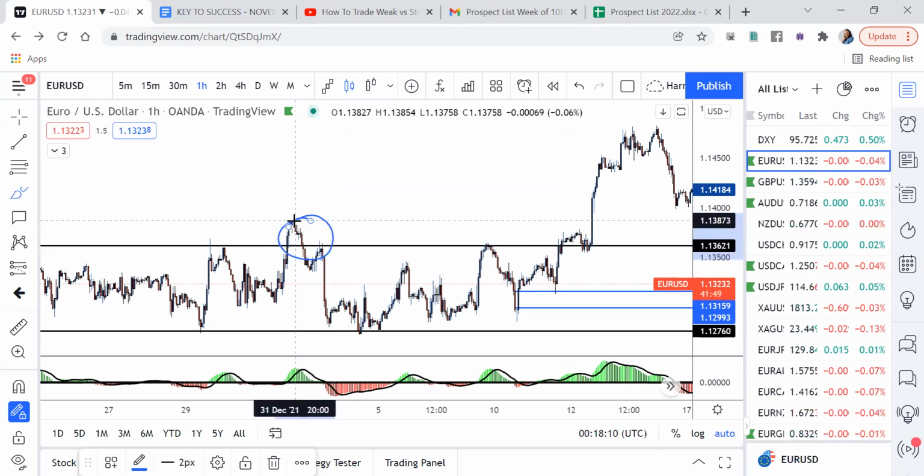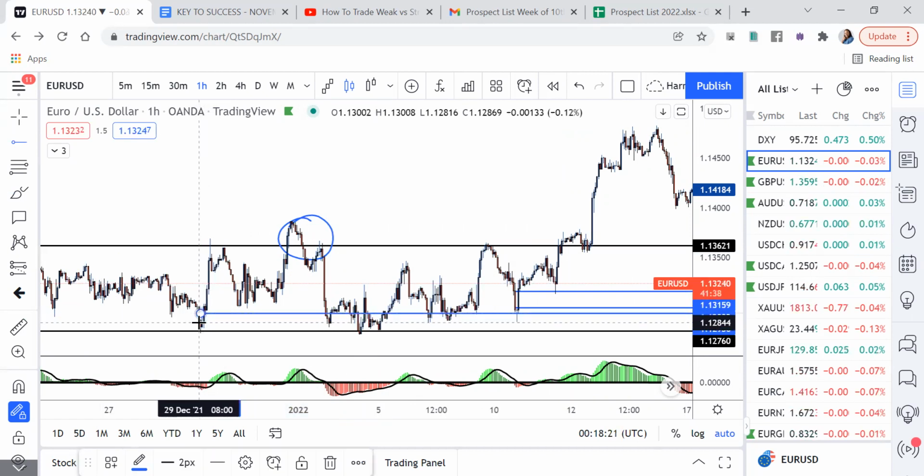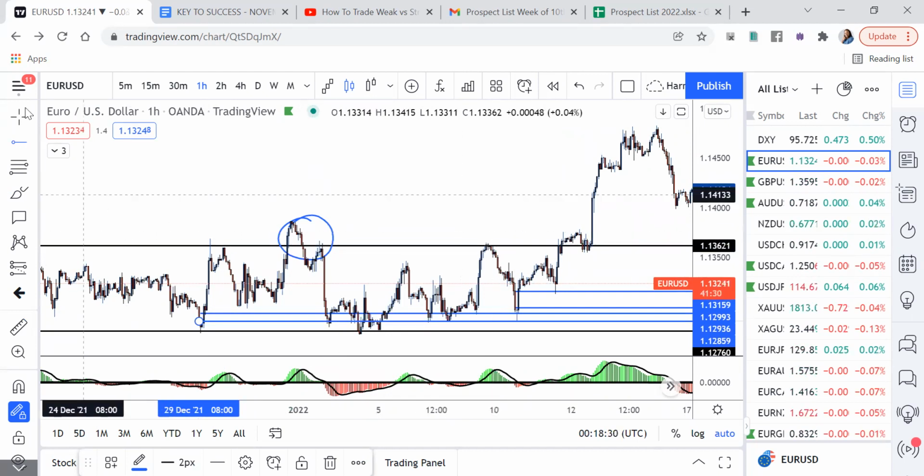Right? And from this weak breakout, what price did is that price basically came back in and retested this imbalance candle here. So this is an imbalance candle on a lower time frame, right? And price basically came back into this zone, retested here, and then took a move again, right?